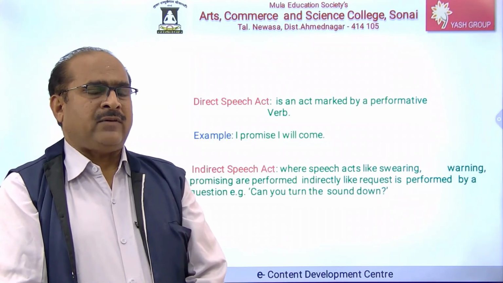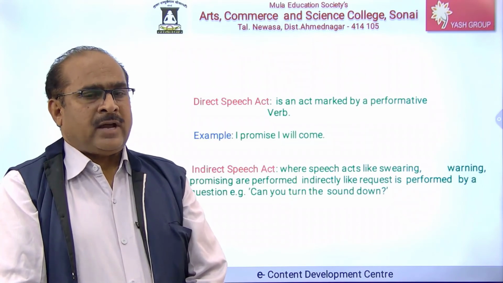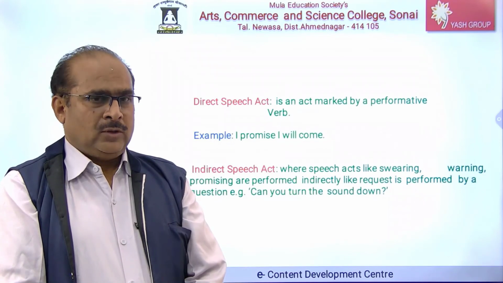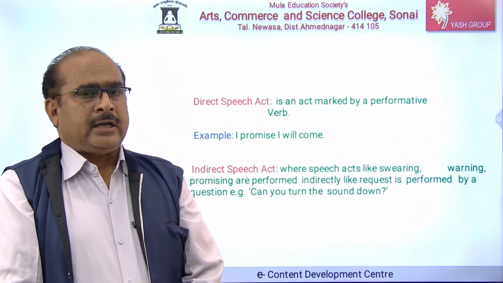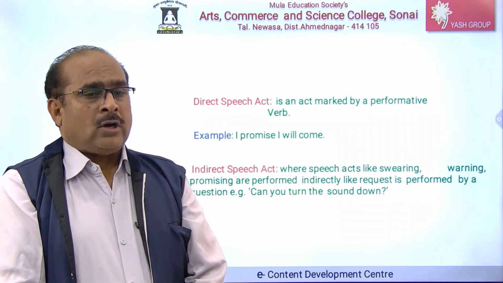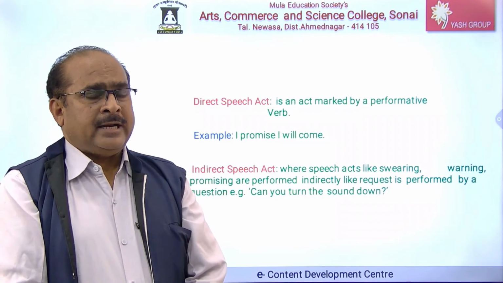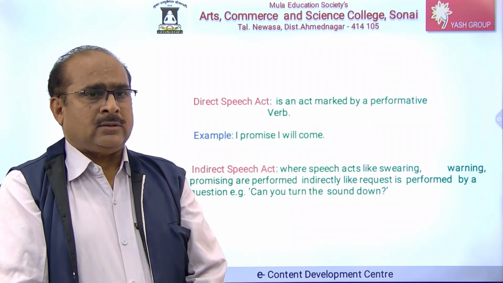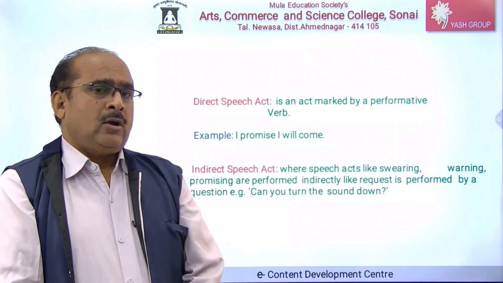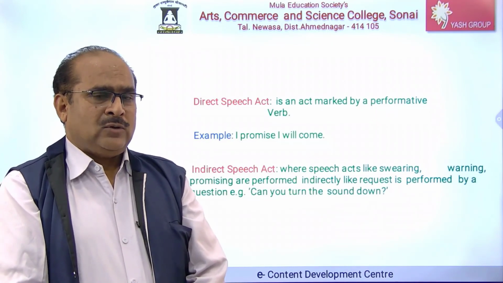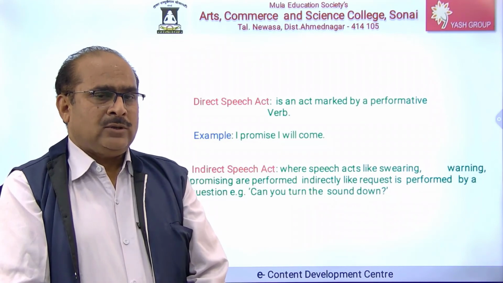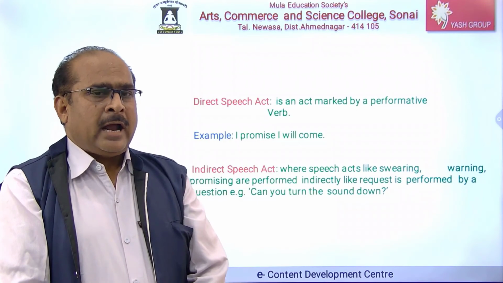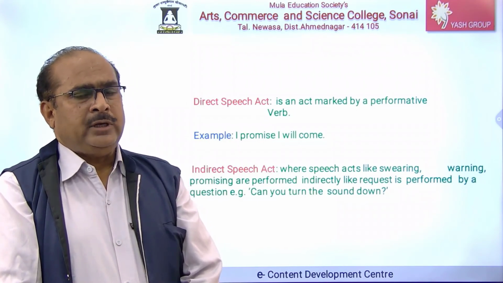For an example, if I say to somebody that I will see you tomorrow. Now this expression, it can be a warning, it can be a threat, or it can be a promise, depending on the situation. Suppose that my friend has owed 5,000 rupees. He has taken 5,000 rupees from me. He borrowed money from me, and now he is not returning money to me.